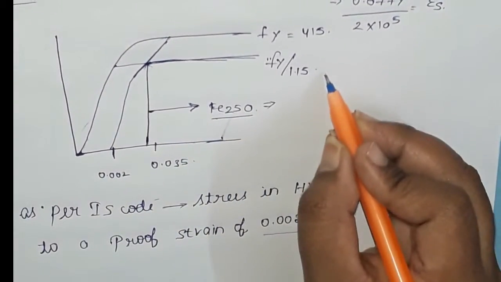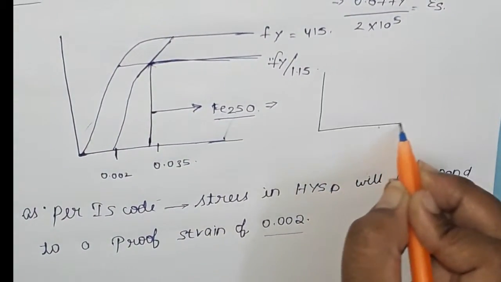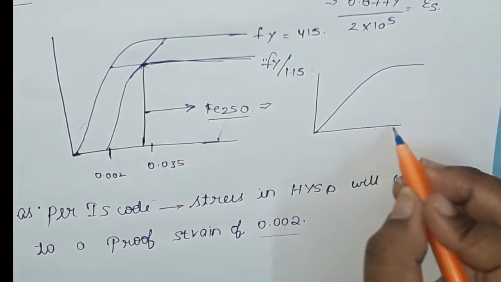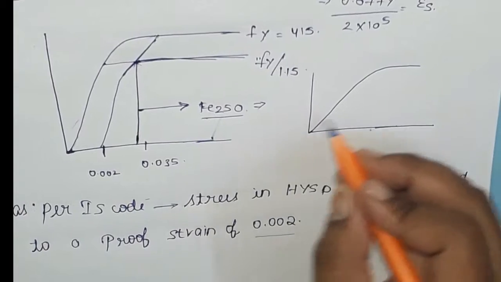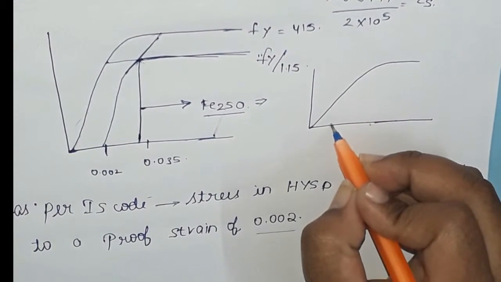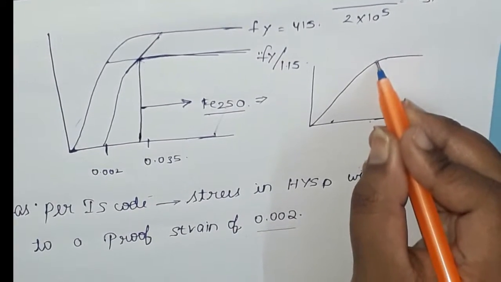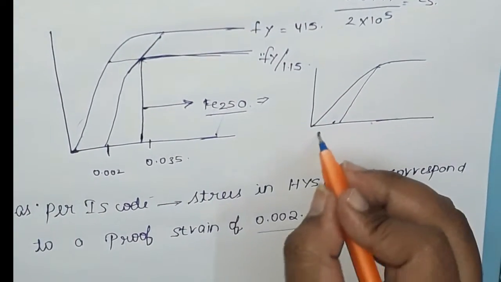So again I am redrawing this graph. This will have a proof strain of 0.002.